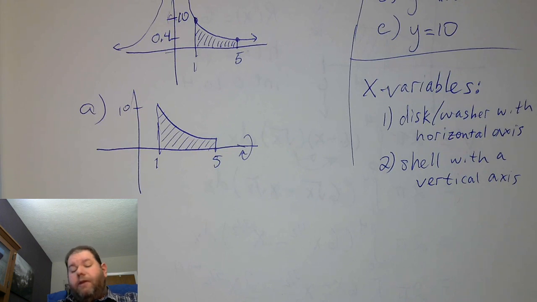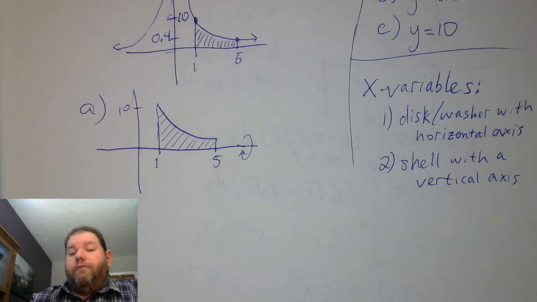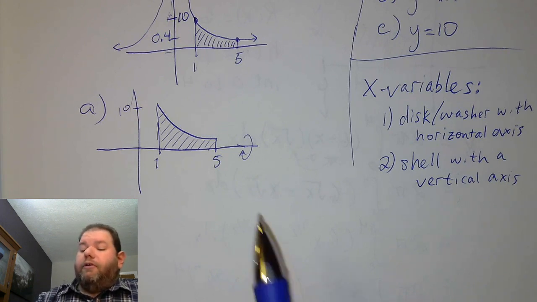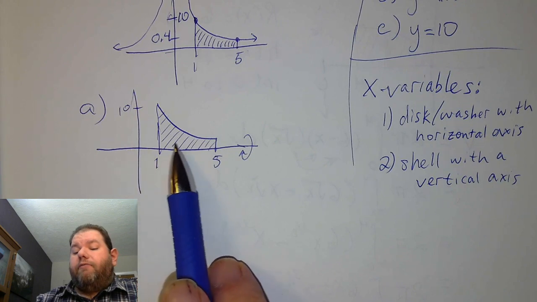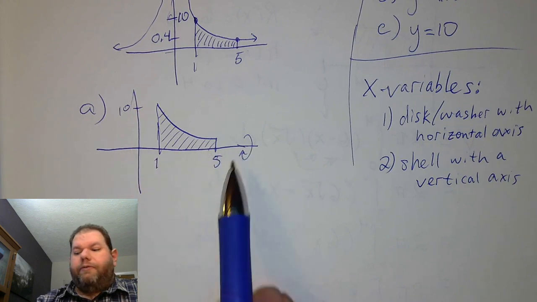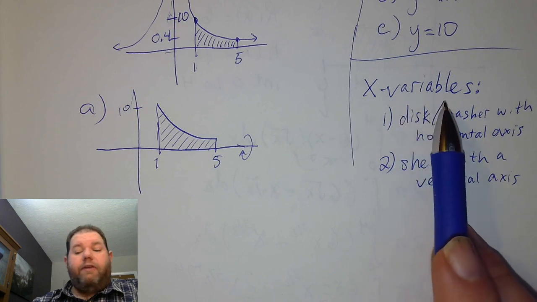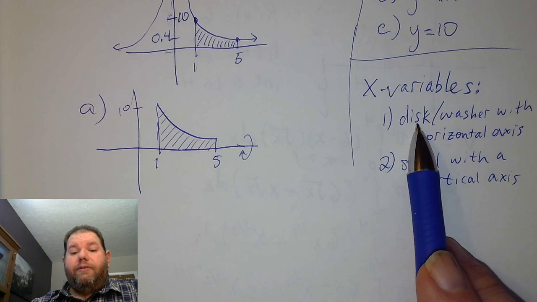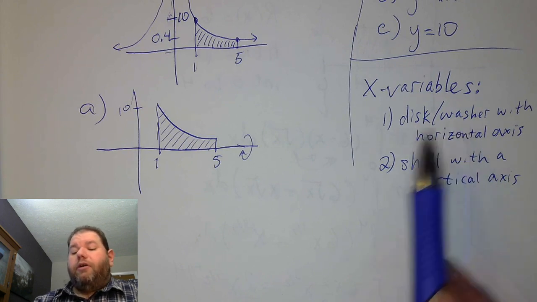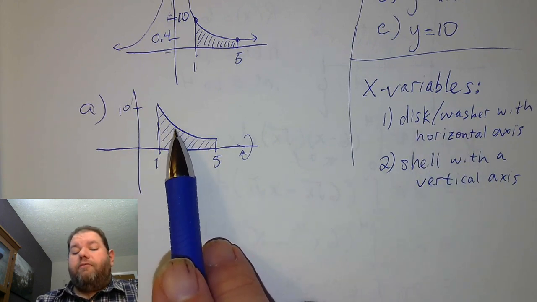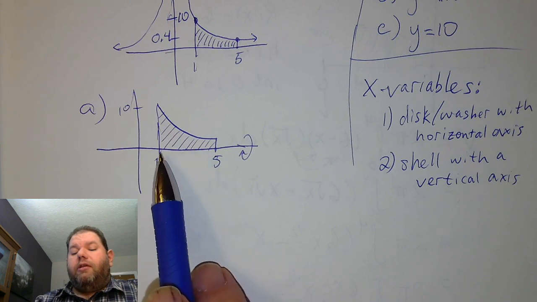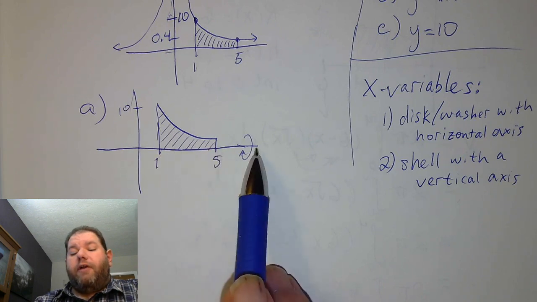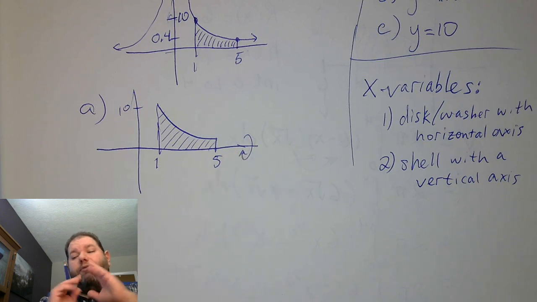Disk? Yeah. The reason we would choose disk here is, first of all, we notice that our axis of revolution, the x-axis, is horizontal. So if we want to keep using our x variables, we can use the horizontal axis, which means we have either a disk or a washer. Now, from here, we look at the shaded region, and if we revolve this object around this axis, is it going to be one solid object, or is there going to be a hole through the middle that we have to account for?